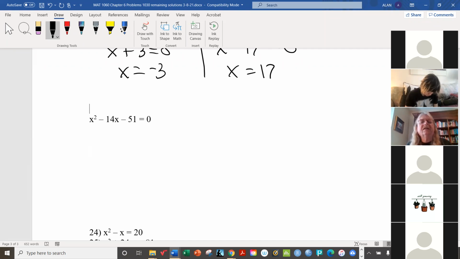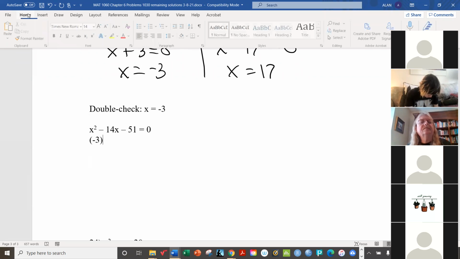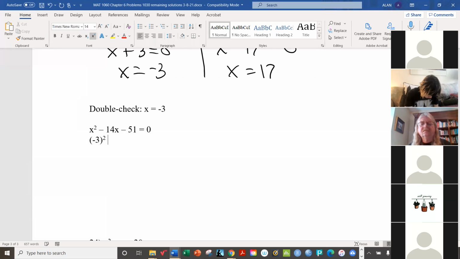So we're going to double check first with x equals -3. I'm going to literally just plug it in and see what happens. So we want to make sure that this is actually correct.